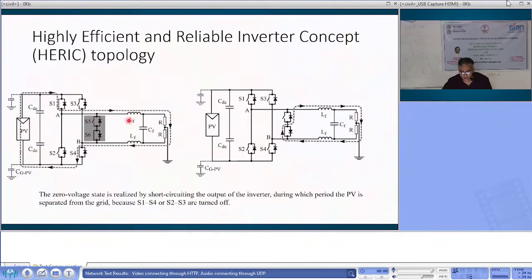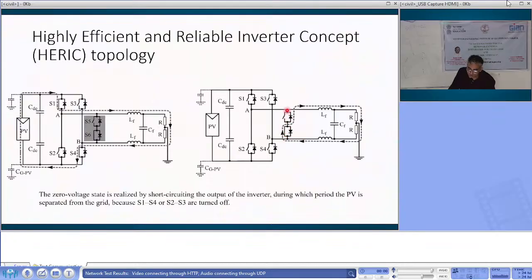Yeah, here it is. So when you have the 0 voltage, in this diagram, if you want to produce a 0 voltage, these 2 switches are on.